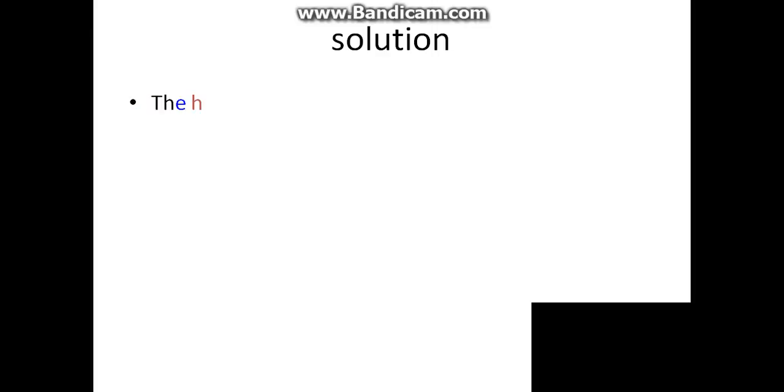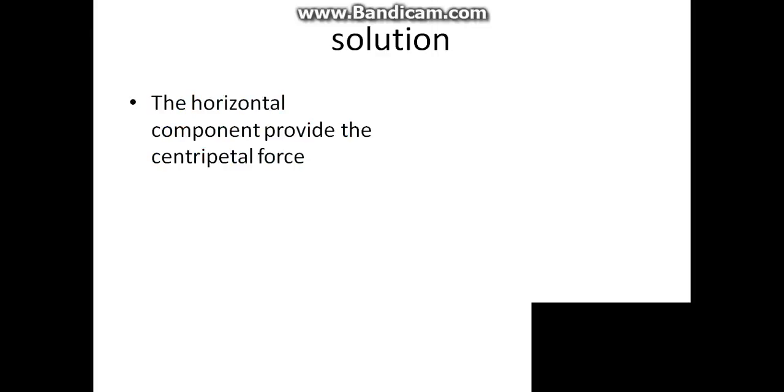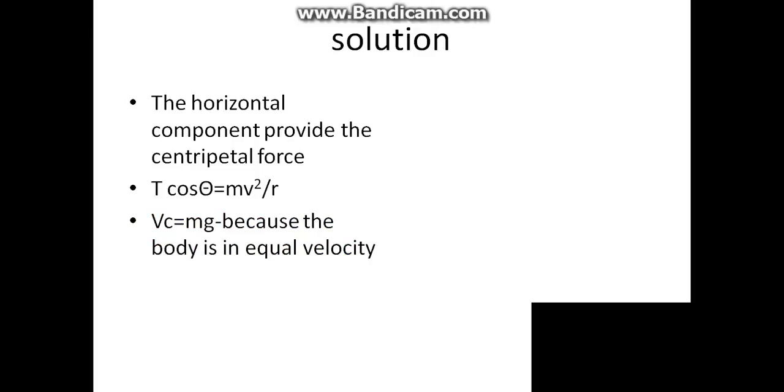Solution. The horizontal component provides the centripetal force. T sin theta is equal to mv squared over r. T cos theta is equal to mg because the body is in equilibrium.